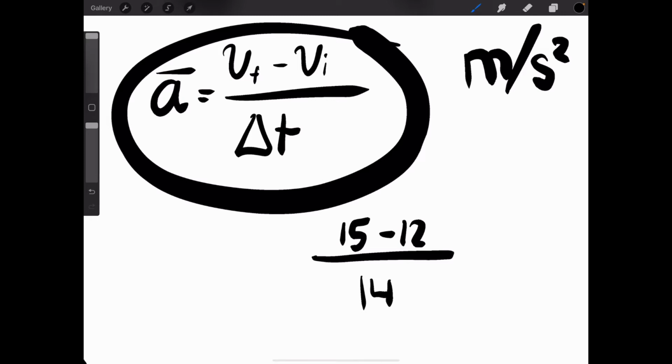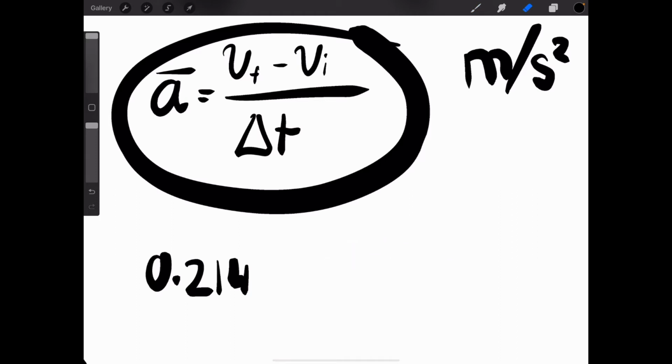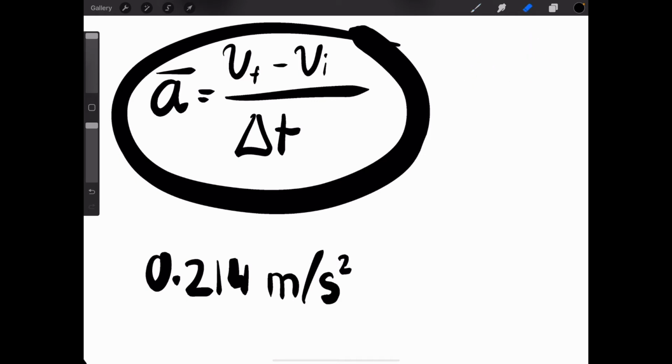Let's get on with the math. Time up. The answer is 0.214 meters per second squared. Now that's one problem handled.